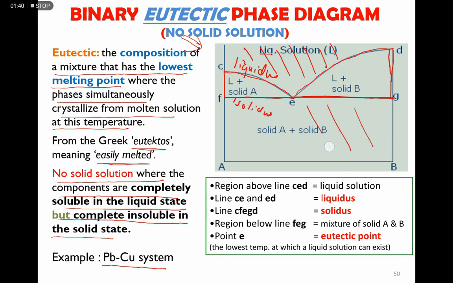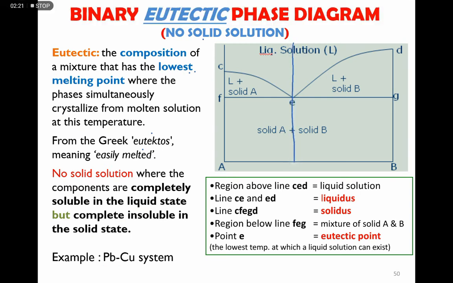Below the solidus is solid. Look, E we can call the eutectic point, and this line is the eutectic temperature, TE.